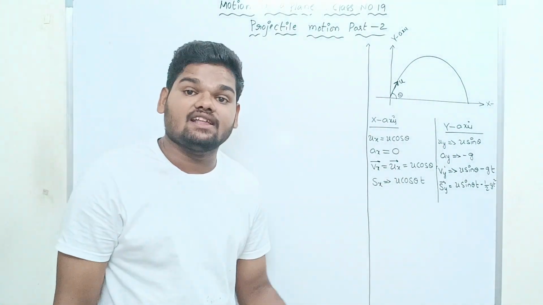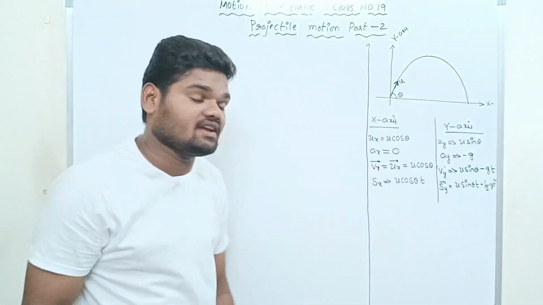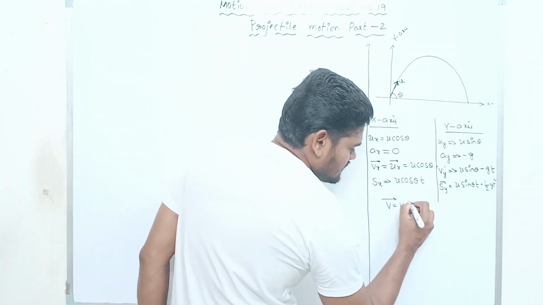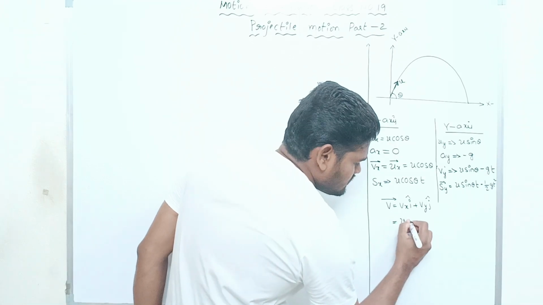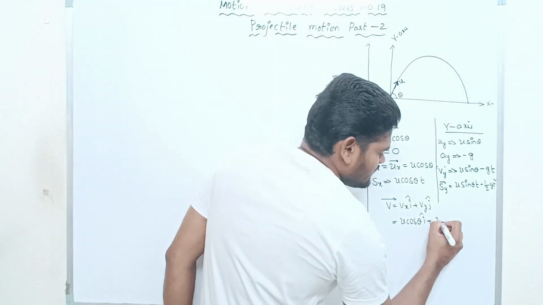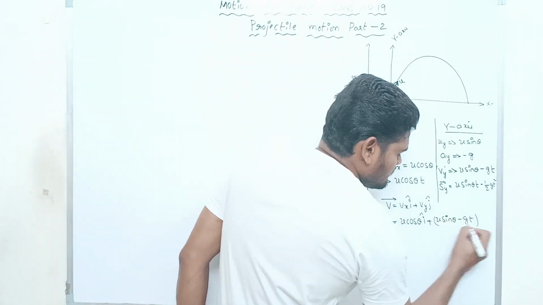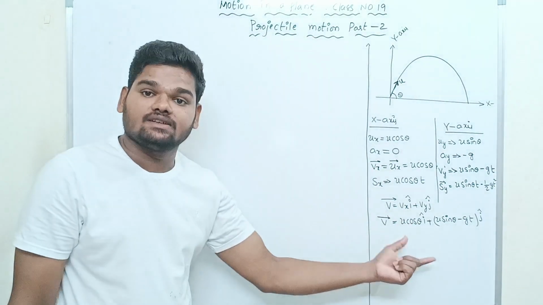From this we wrote the equation for the velocity vector of the projectile body at any given time t. So v bar is equal to vx i cap plus vy j cap, where vx is u cos theta and vy is u sin theta minus gt, at any particular instant of time. This is the velocity of the object.